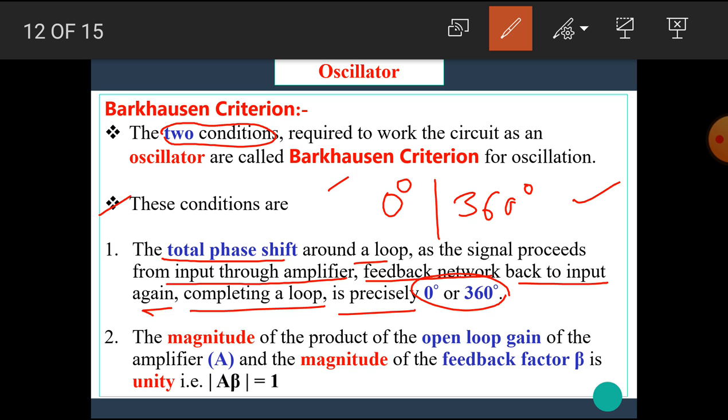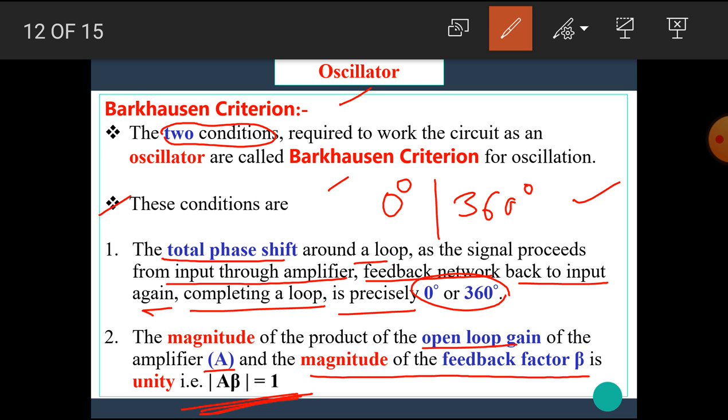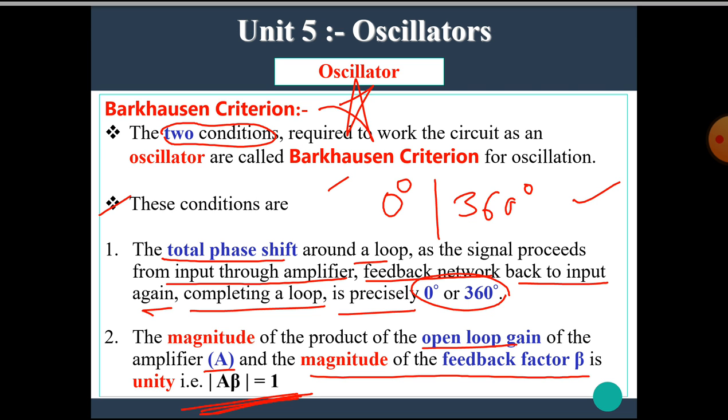The second condition is that the magnitude of the product of the open loop gain of the amplifier A and the feedback factor beta is unity. That means magnitude of A into beta should be equal to 1. The Barkhausen criteria is very important in this unit.